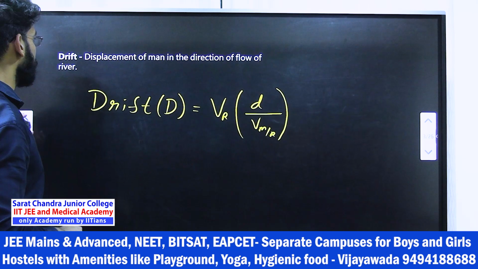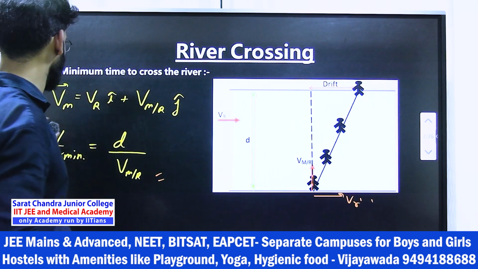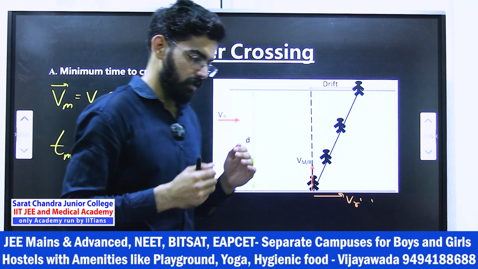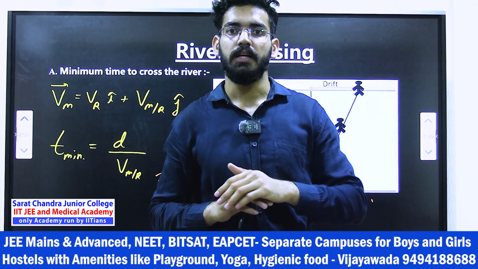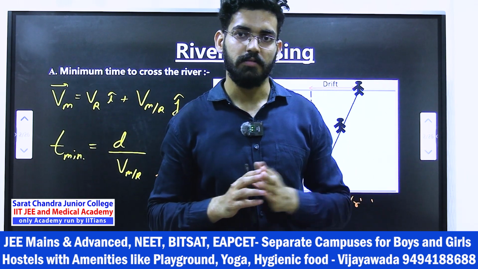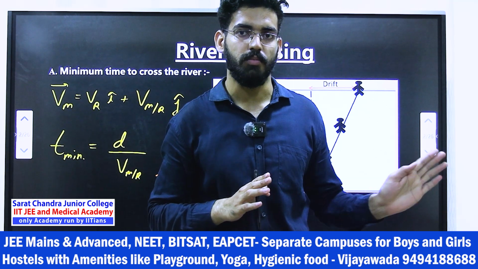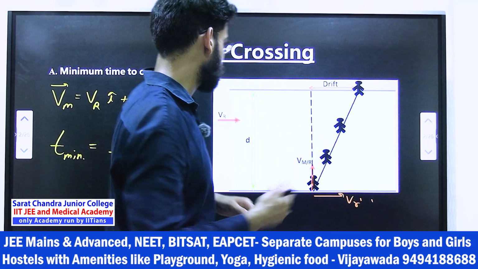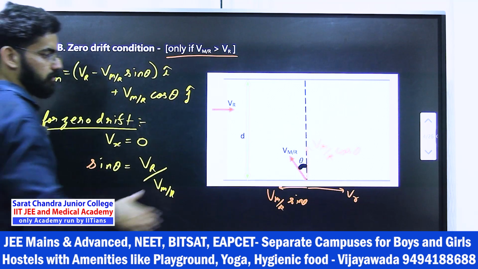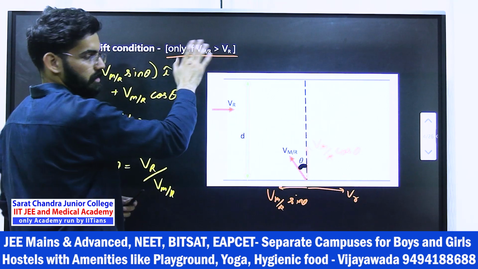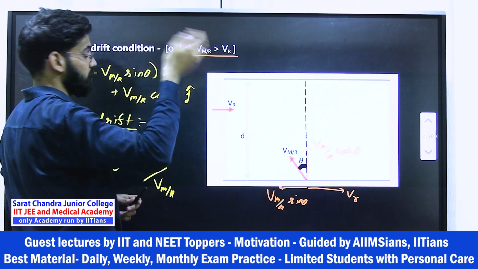And I hope it will be clear because the basic thing is this only, that your time will be calculated in vertical direction, and how much drift it will cover, that will be by the horizontal component, right? Now just one thing I mention again: this condition, maybe you don't understand, you can rewind the video.